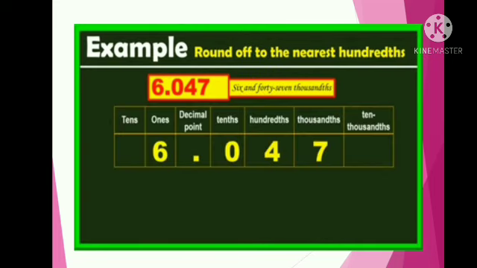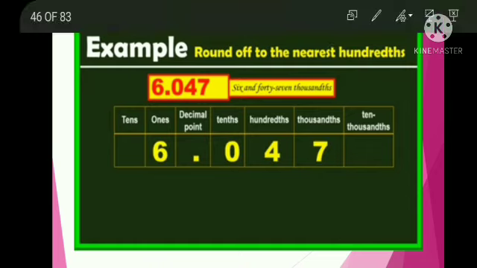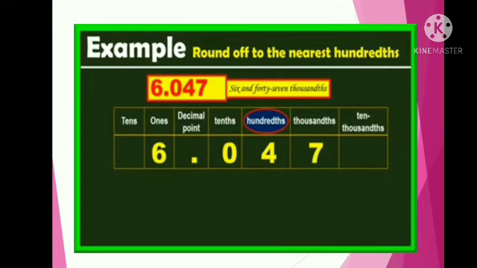Ilagay natin ang ating number sa ating place value chart. So, hahanapin natin ang ating hundredths place value at ang digit na nasa hundredths place value ay 4 at ang nasa kanan nito ay 7.